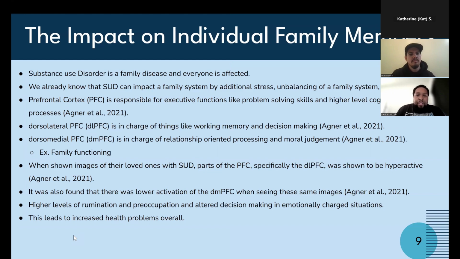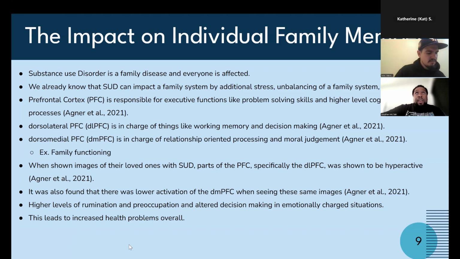Some of those parts in the article specifically targeted parts of the prefrontal cortex, which are the dorsolateral, which works on things like working memory and decision making, and also the dorsal medial, which is in charge of relationship oriented processing and moral judgment.